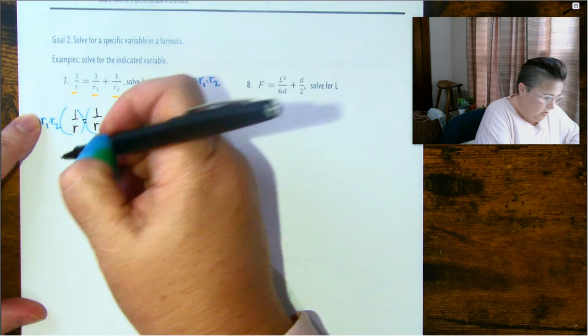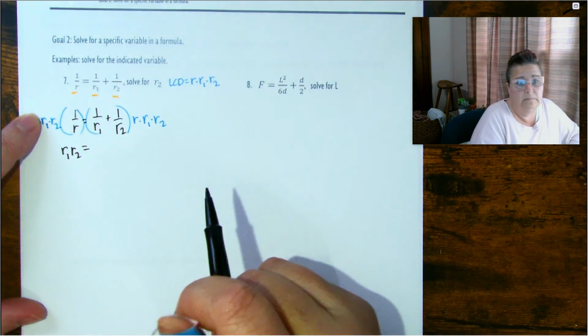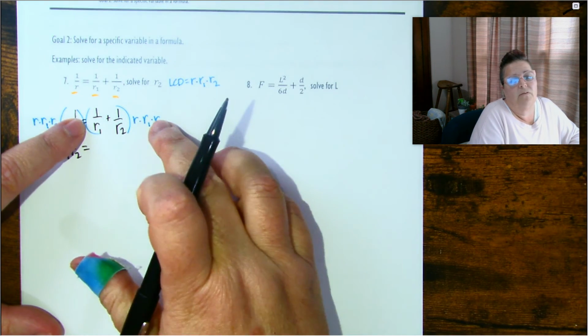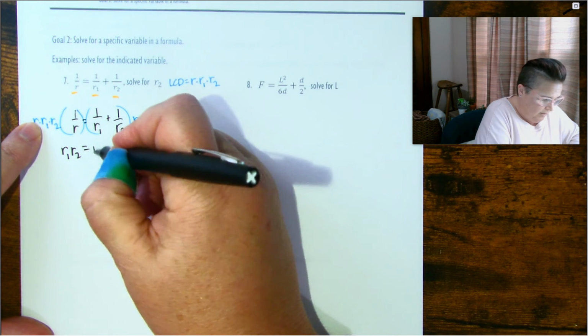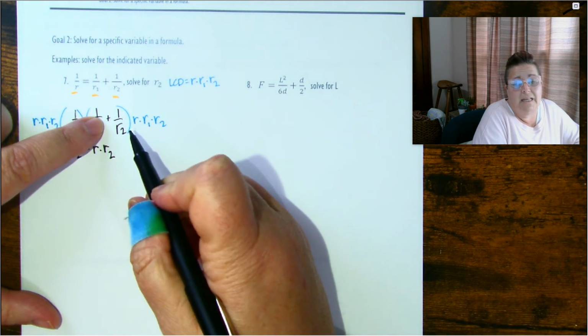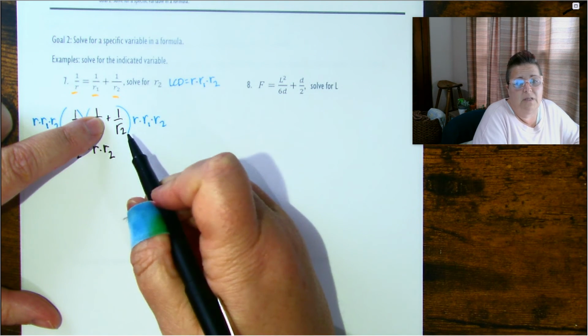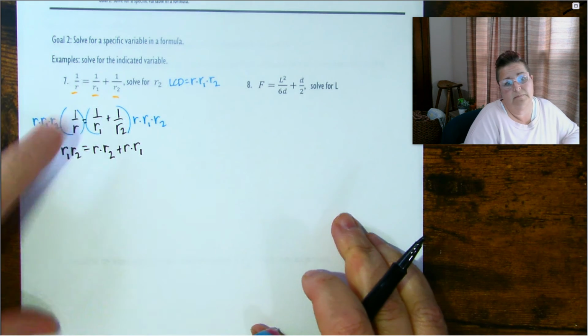This will leave me R1 times R2 is equal to, multiplying the first term, it's the R1 that cancels. So we'll have R times R2. Looking at the second one, it's the R sub 2 that cancels. So this is going to be R times R sub 1.